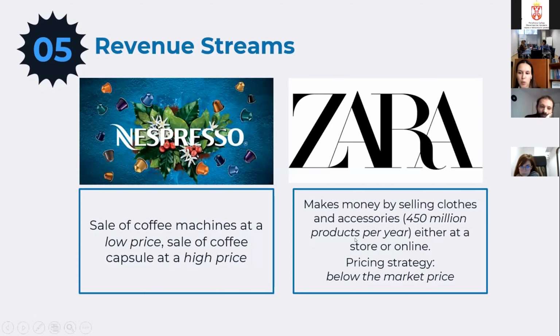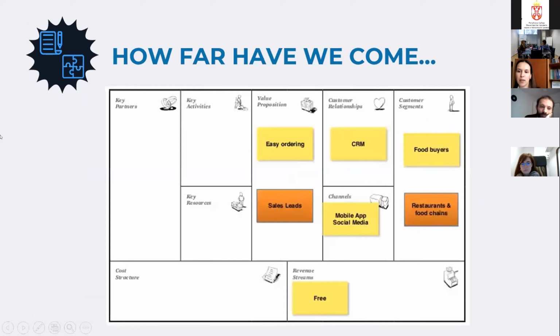Now we finished with the right side of the business model canvas. We gave the answer to the question, what do entrepreneurs do? And we filled 5 blocks of the business model canvas: customer segments, value proposition, channels, customer relationships, and now revenue streams.